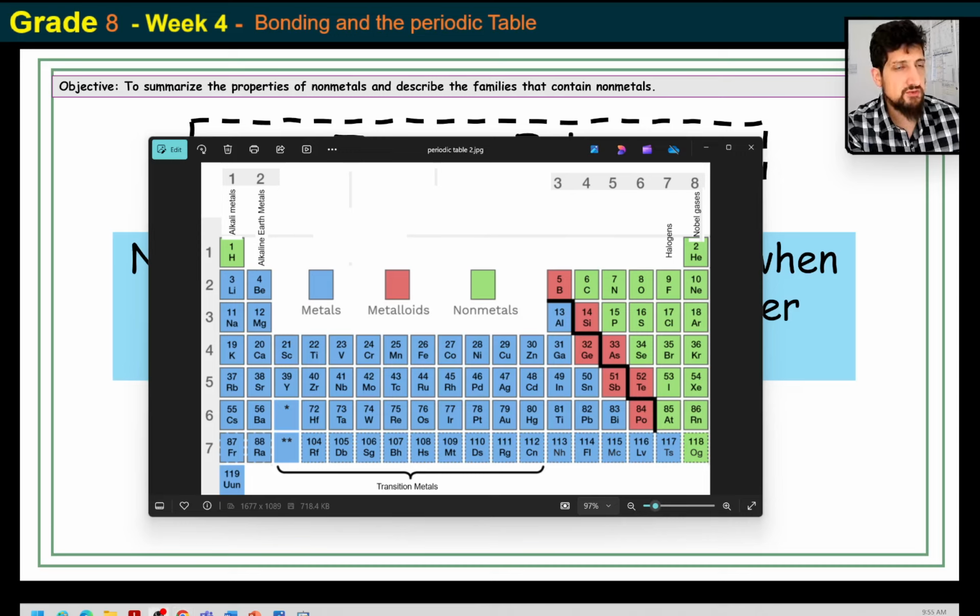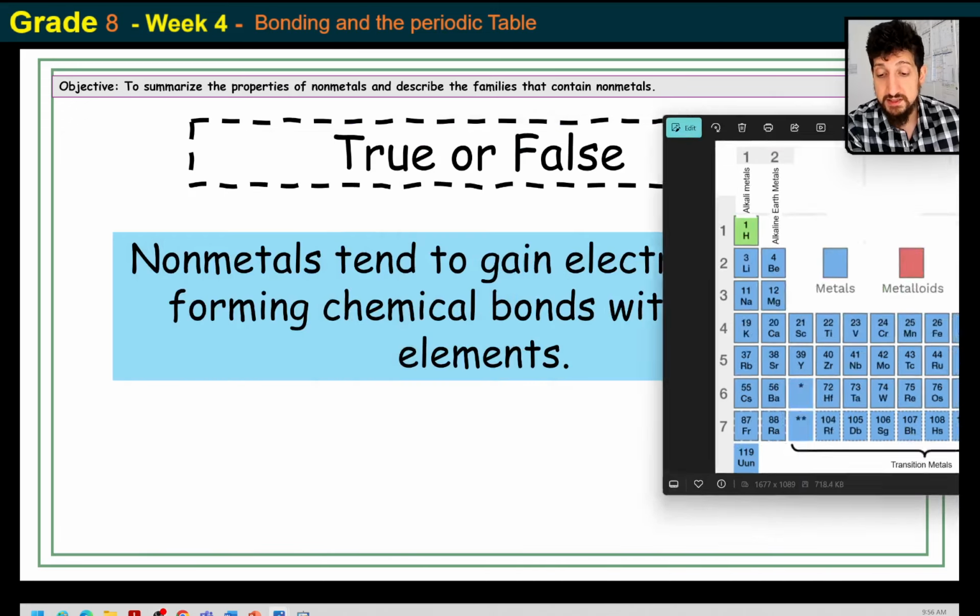If we're being really accurate here, it doesn't actually lose or gain electrons per se. It shares electrons. That's what carbon likes to do because it's in group 4. Right, let's keep going.